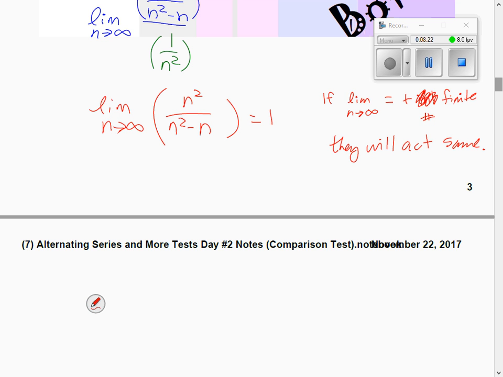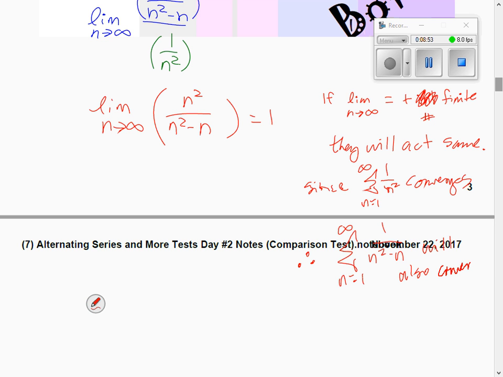Okay, so since the sum from n equals 1 to infinity of 1 over n squared converges, did we get a positive finite number? Yes. Therefore, since we got a positive finite number, then 1 over n squared minus n will also converge. It's going to act the same way as 1 over n squared.